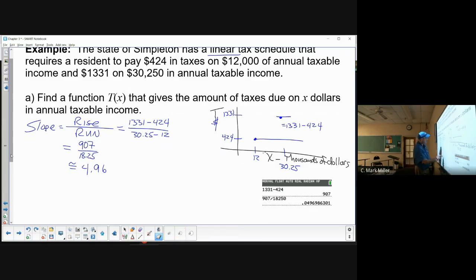Let's round it to 3 decimal places: 4.970. That's the slope, 4.97. And by the way, what you're doing here is fine as long as you tell the reader what your x is.